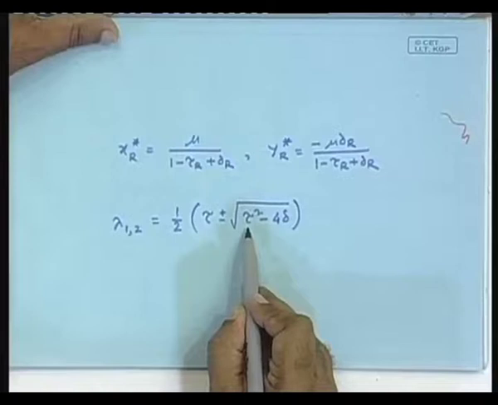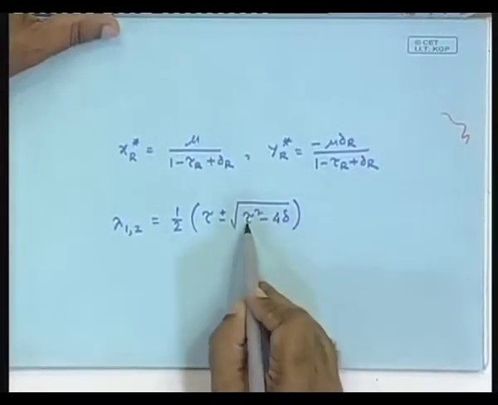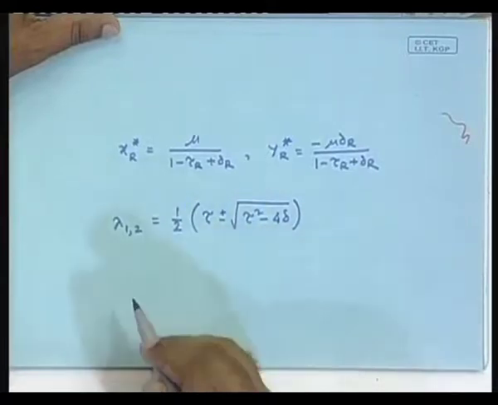Yes. So, easily you can see that the complex conjugate eigenvalues happen when this is greater than this. So, tau square less than 4 delta.